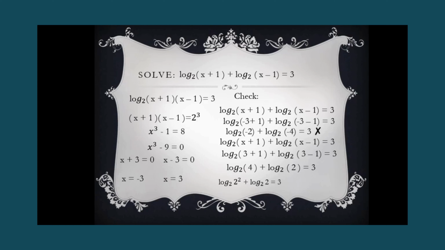All that is left is log base 2 of 2 squared plus log base 2 of 2 is equal to 3. Cancel because they have the same numbers, and all that's left is 2 plus 1 is equal to 3. So our answer here is correct.